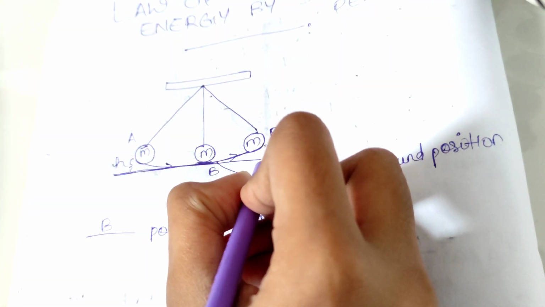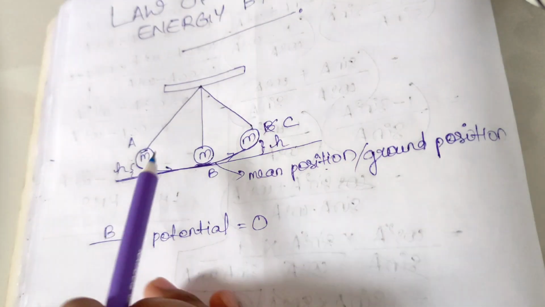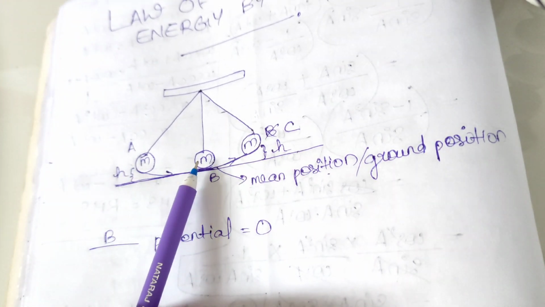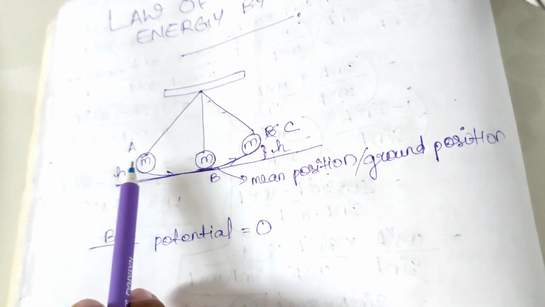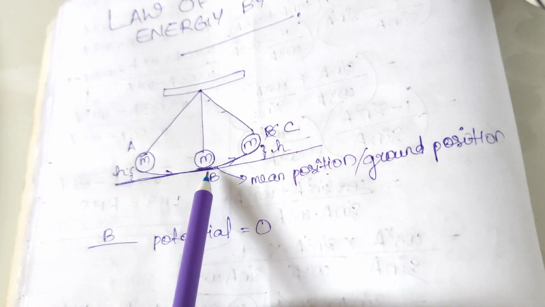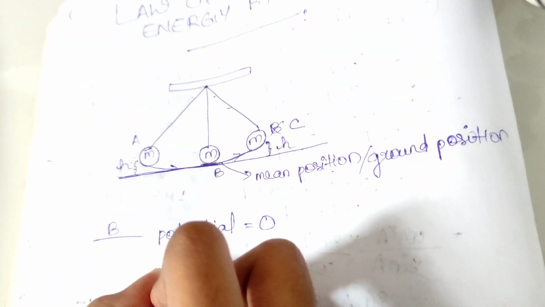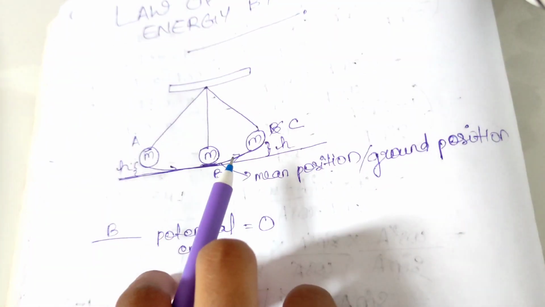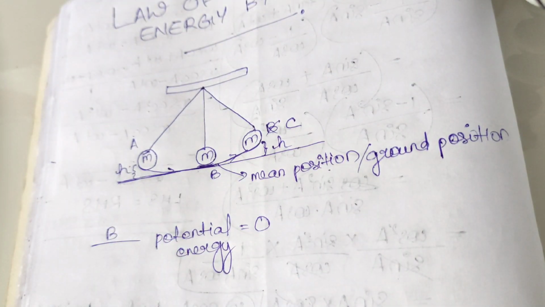Here also it gets raised by a vertical height h. Clear? When it gets raised, the work done in lifting the bob from the B position to this A position is stored as potential energy. So when the simple pendulum is at the mean position, it has zero potential energy, and when the bob is raised to a vertical height h, it has potential energy there.